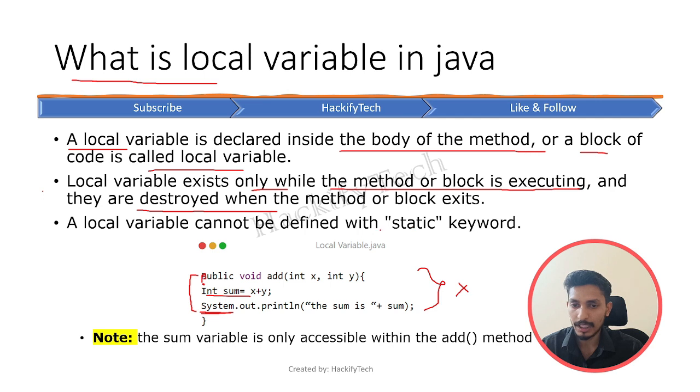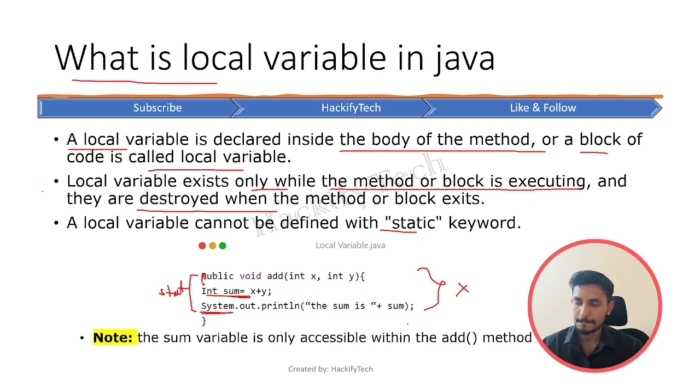Local variables can't be defined with the static keyword, which means you can't add a static keyword at the start like this. And whatever variables you declare inside this method body, their scope is only within these brackets, within this method.